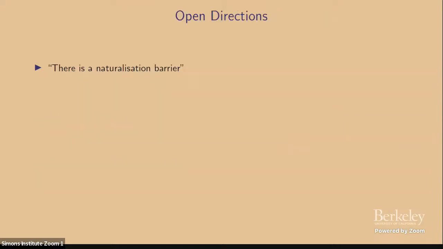Okay, so there are some open directions. These are mostly interesting to algebraic complexity theorists, but hopefully some of them will be interesting to a larger audience. One thing is, if you believe that there is an isolation barrier, in the sense that there are no VP natural proofs for VP, then maybe you could try to extend what we did for VNP to VP as well.